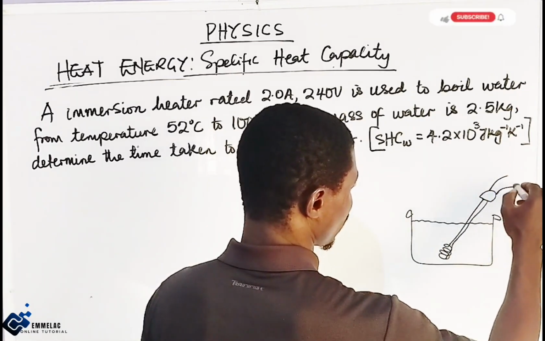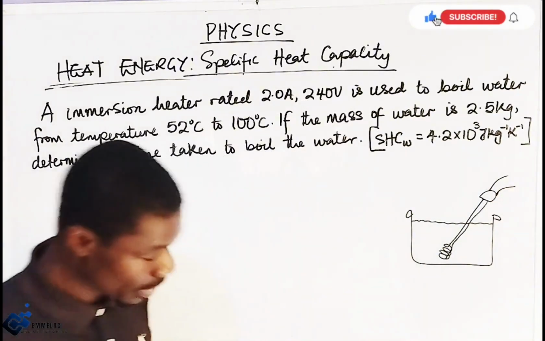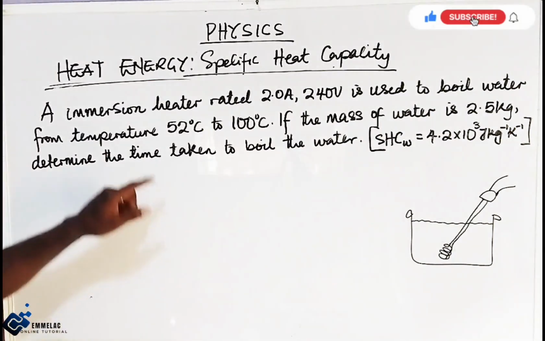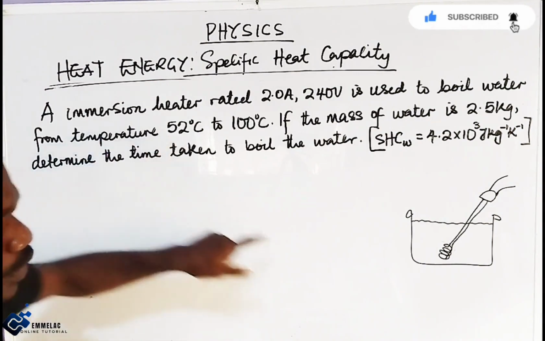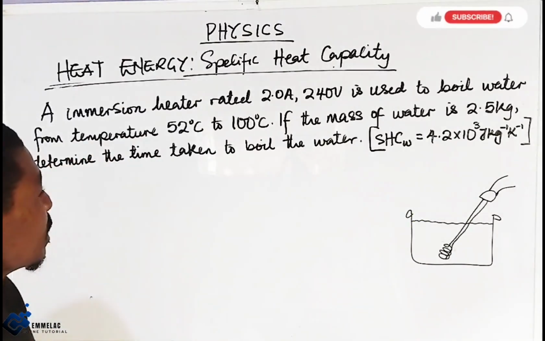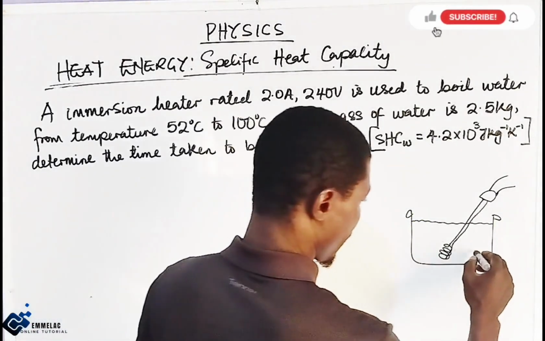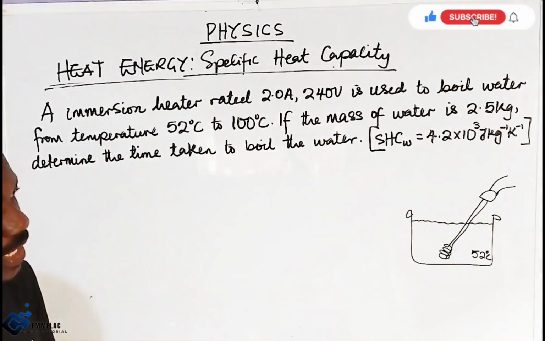So this is the source of heat, the source of current rather. Now, from the question, the initial temperature of this water before the immersion of this heater is 52 degrees.